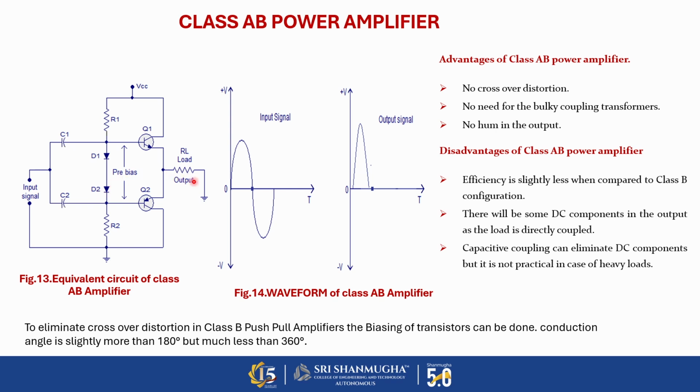An NPN transistor will start conducting when its bias voltage is above the base emitter voltage, that is VBE approximately equal to 0.7 volt. And the PNP transistor will start conducting when its bias voltage is below the emitter voltage, that is VBE approximately equal to 0.7. During the forward biased condition, a voltage of approximately 0.7 volt drops across the pre-biasing circuit.